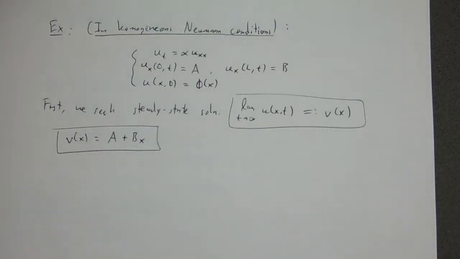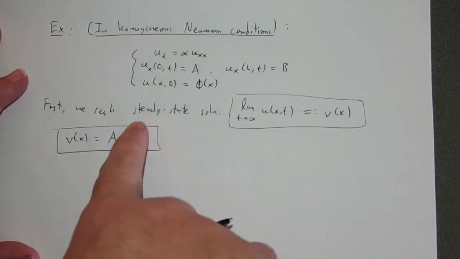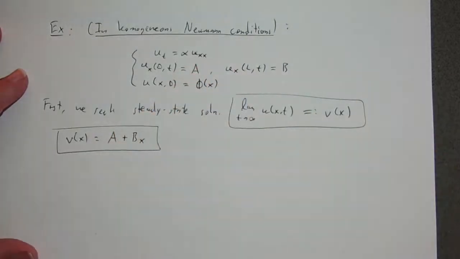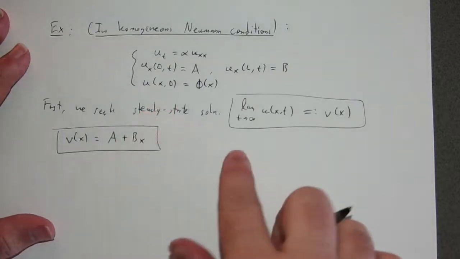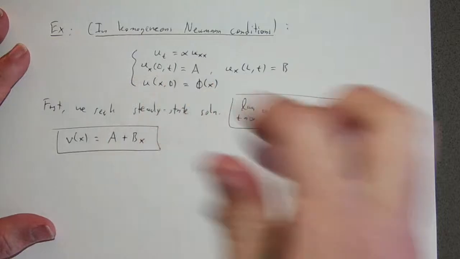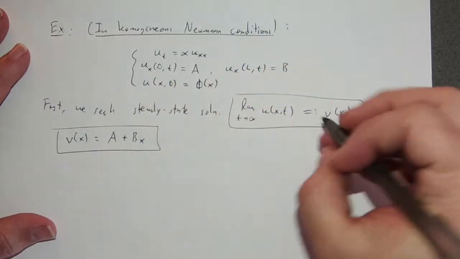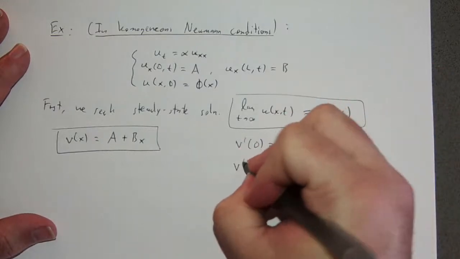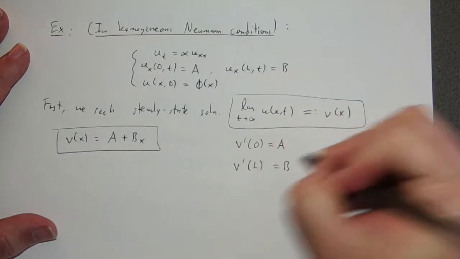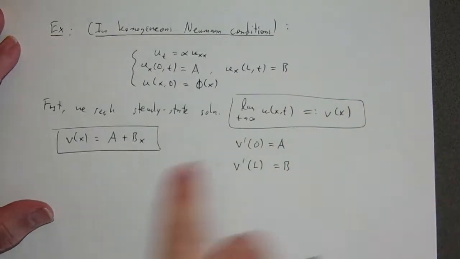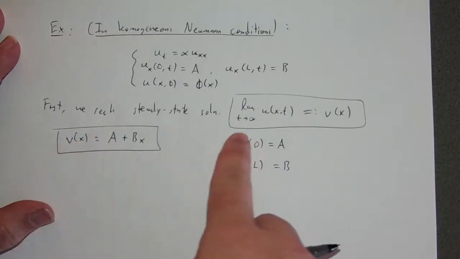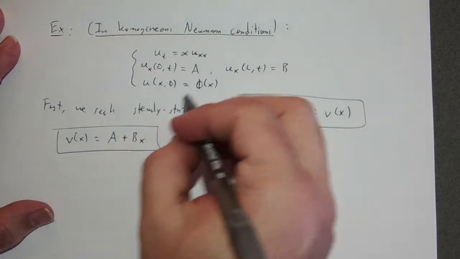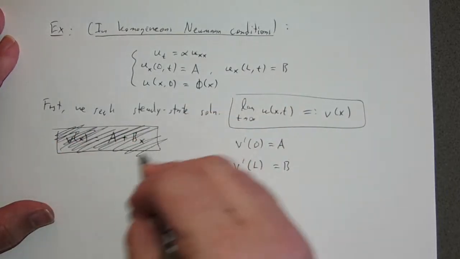But now I want to impose the boundary conditions here. So how would I do this? I am taking the derivative of v at both ends, so v prime of 0 is A, and v prime of L is B. Sorry, hold on, we've been a little bit confusing here.